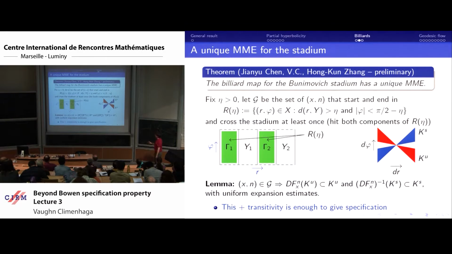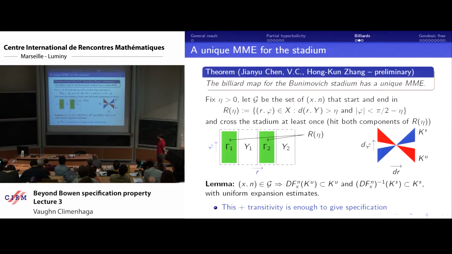And then you can define some cone families. There's a global coordinate chart here, so there's a global choice of coordinates on the tangent space. You can define some cone families here, which the people who know billiards, such as my co-authors, assure me are invariant under the derivative map along such orbits when you go from the start to the end.